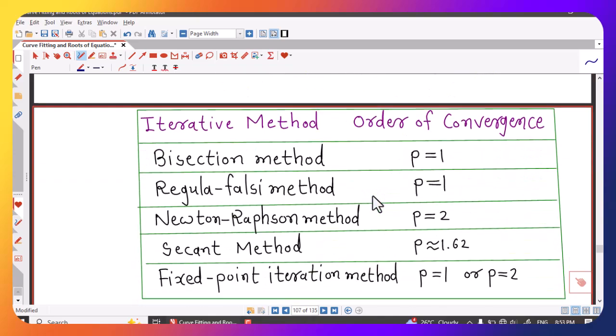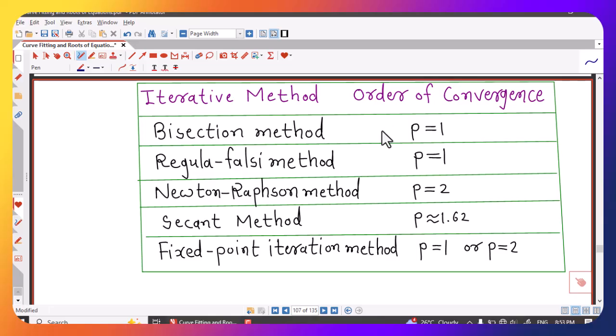And here I have mentioned the order of convergence for the iterative methods which we have discussed so far. For the bisection method, we can prove that order of convergence is p equal to 1. Similarly, the regula falsi method also has first order of convergence. Newton-Raphson method is fastest as compared to these two that we have discussed, so it has order of convergence equal to 2.